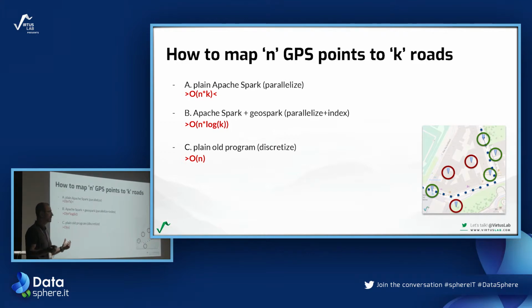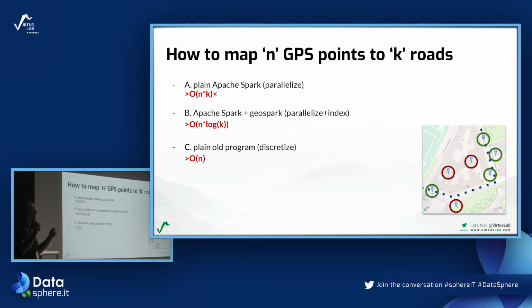What you can do in Spark, for every point, is join it, try each and every road, and check whether that point fits on that road or is within some distance of the road. You would use some geometrical methods to do it. So this gives you n times k, because there are n GPS points and k roads in our data set, so this is the complexity, right?